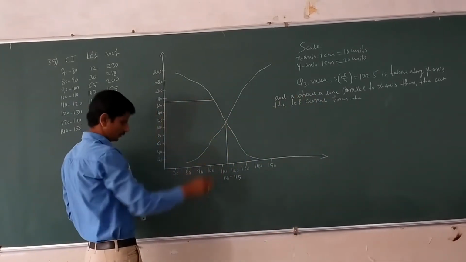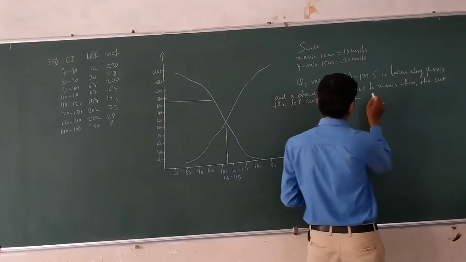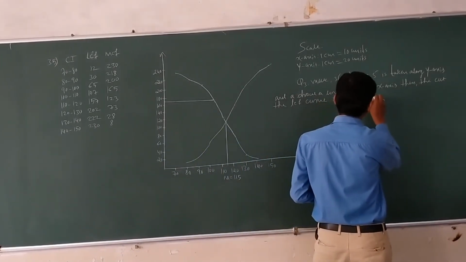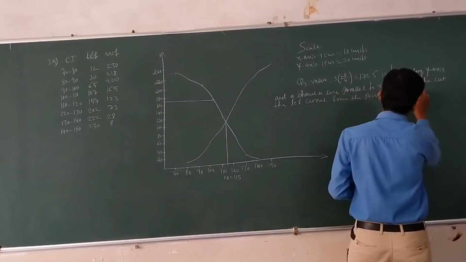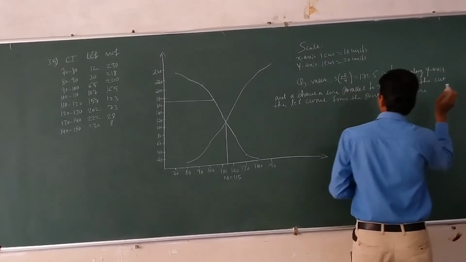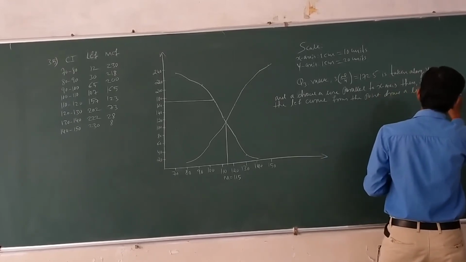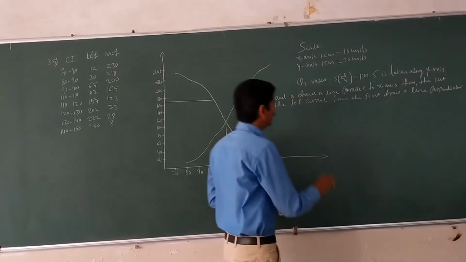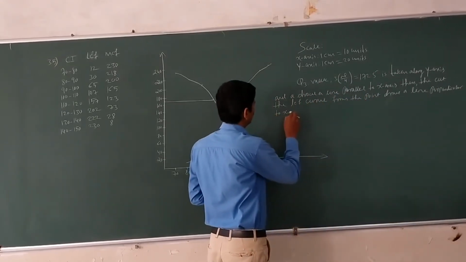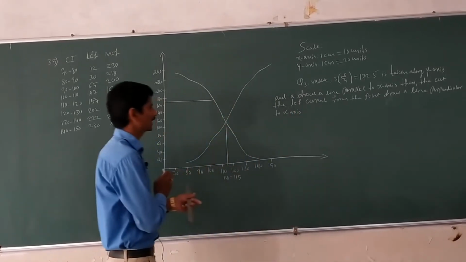From the intersection point, draw a line perpendicular to the x-axis.